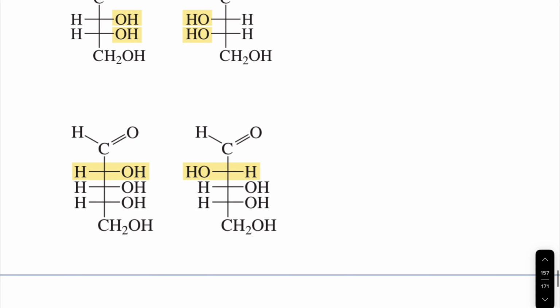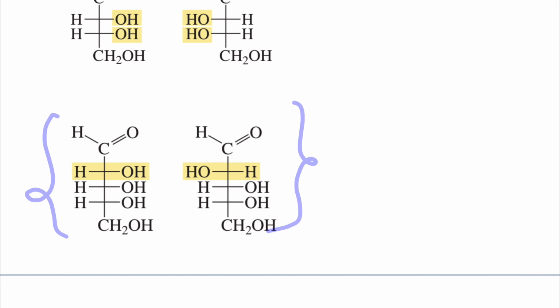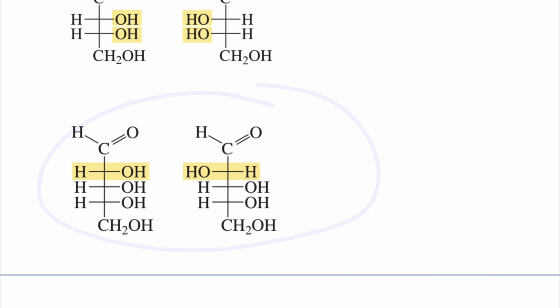One more example you can see. These are two examples having the same molecular formula, same structural formula, but at this position OH is on the right side, and at this position OH is on the left side. Therefore, these two are said to be stereoisomers.